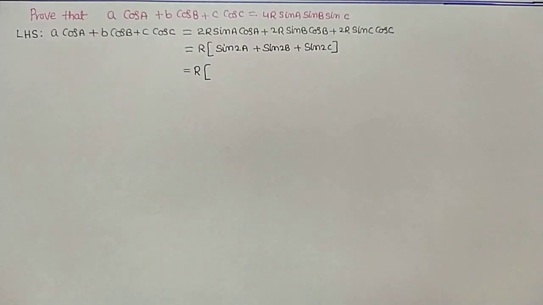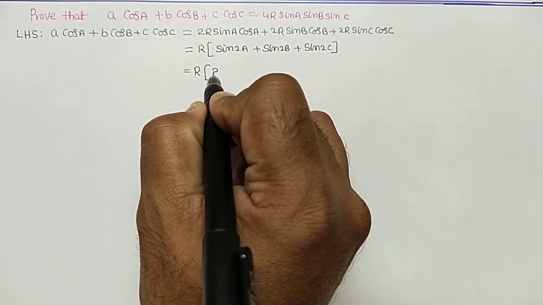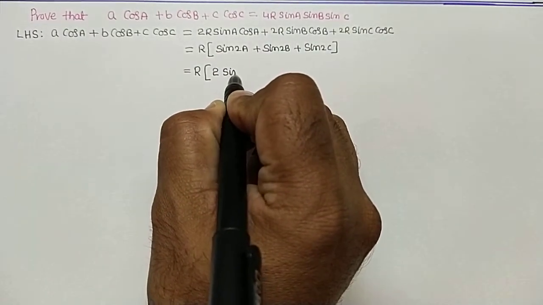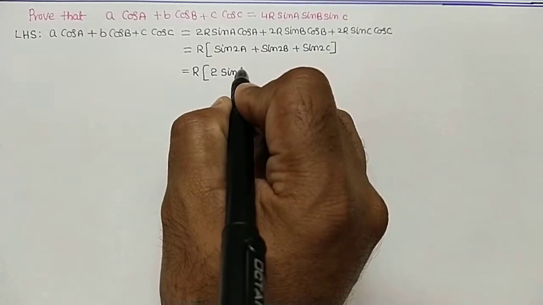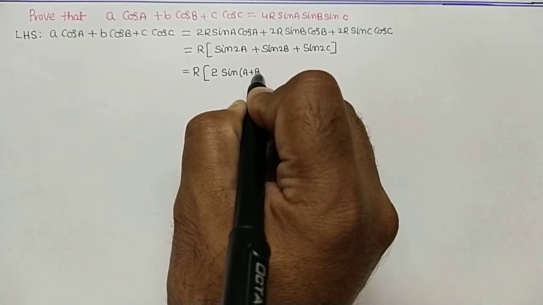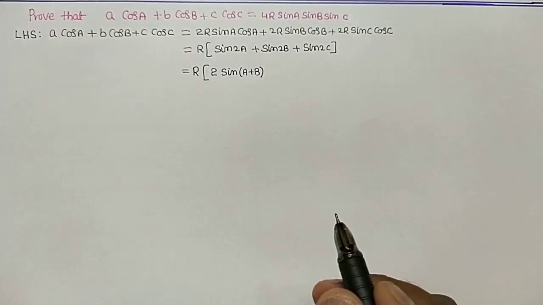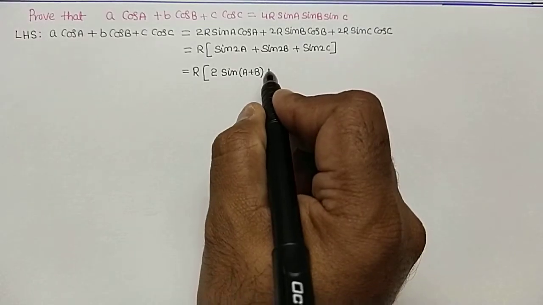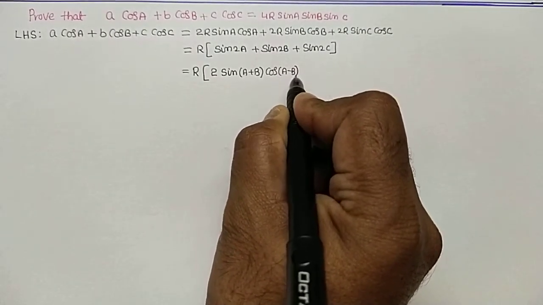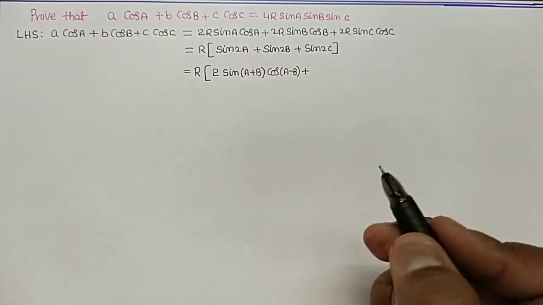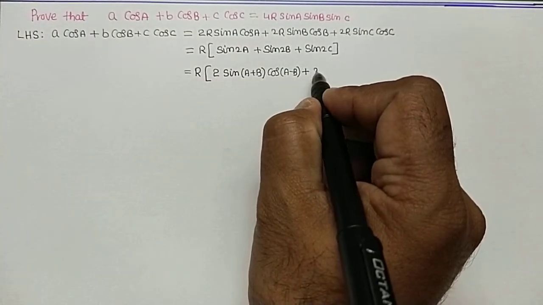Sin 2A plus sin 2B, we can write directly as 2 sin of (2A plus 2B) by 2, that means A plus B, into cos of (2A minus 2B) by 2, that means cos of A minus B. Plus sin 2C can be written as 2 sin C cos C.